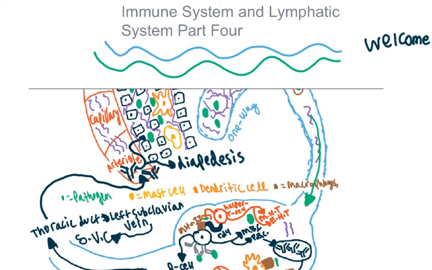So what happens is that our mast cell can bind to our pathogen and release, into our tissues, histamine and another important chemical called heparin.